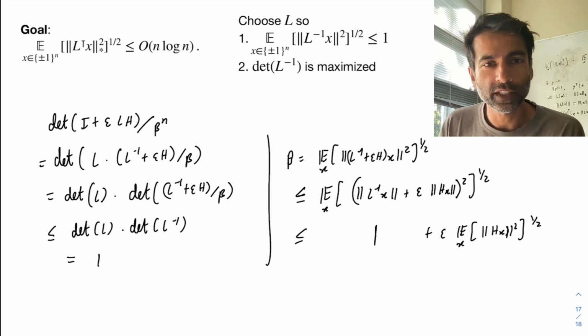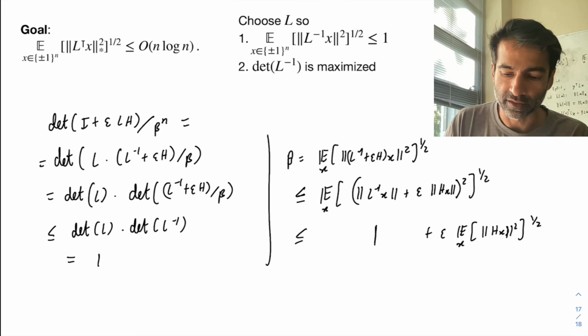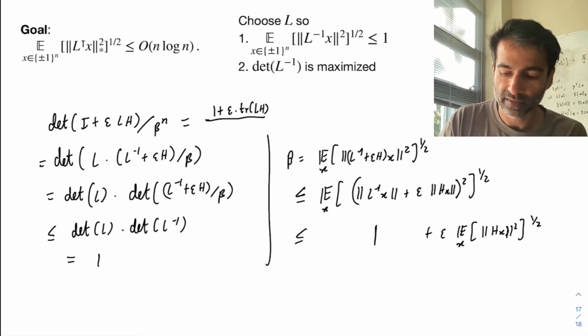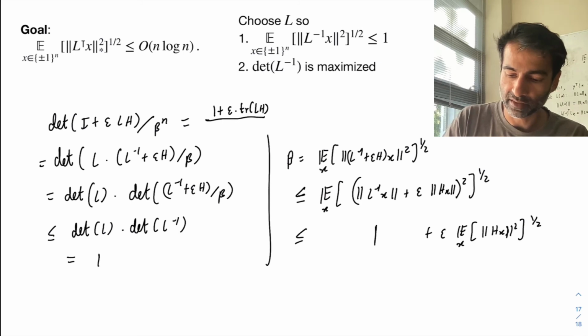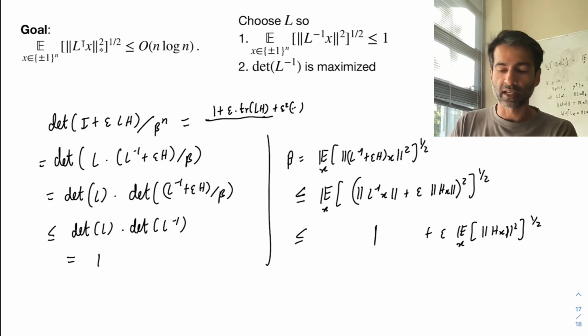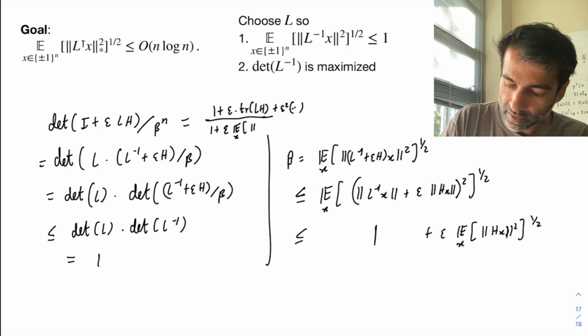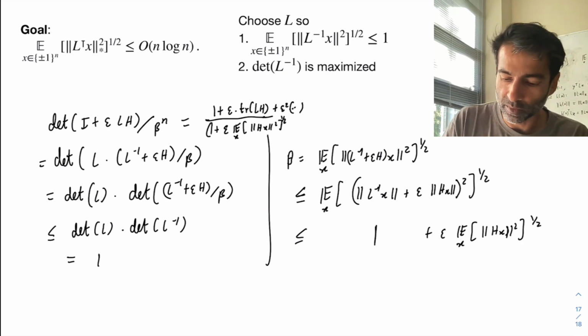So let's look at what we've written here. At the very top here is a ratio. It's at most 1, but the numerator looks like 1 plus epsilon times the trace of L h plus some epsilon squared terms, and the denominator looks like 1 plus epsilon times the expected value over x of the norm of h times x squared, to the power 1/2, the whole to the power n.